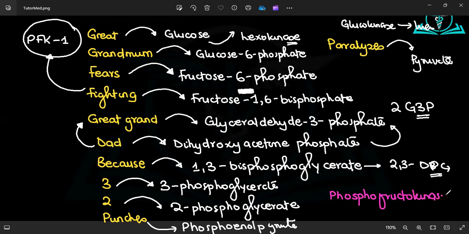The rate determining enzyme for glycolysis, I repeat, is phosphofructokinase 1, PFK1, and it acts here. So the rate determining step for glycolysis is the conversion of fructose 6-phosphate to fructose 1,6-bisphosphate. Is that clear?